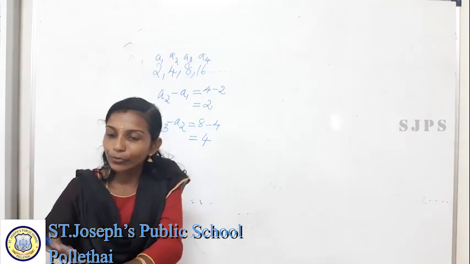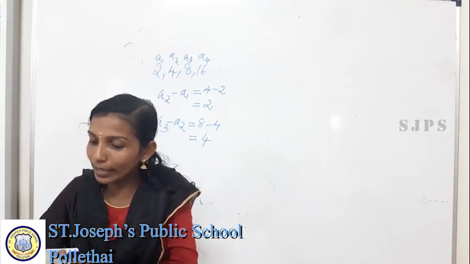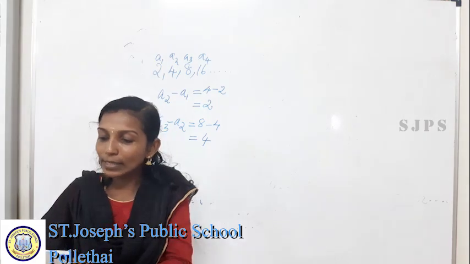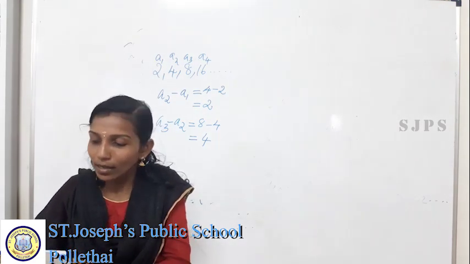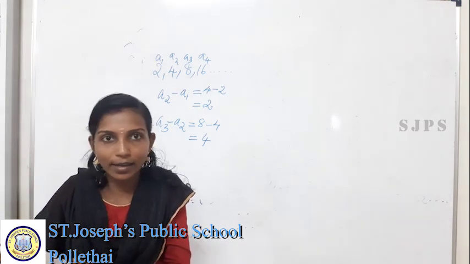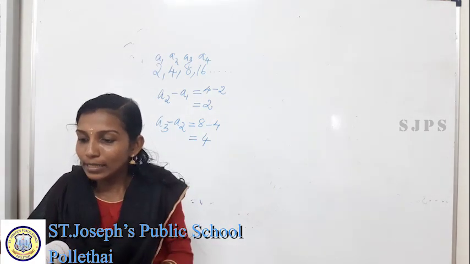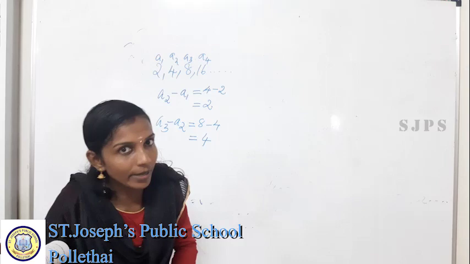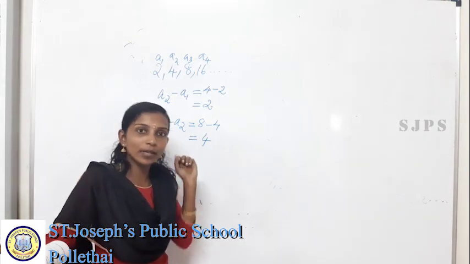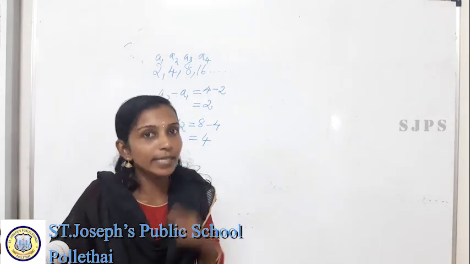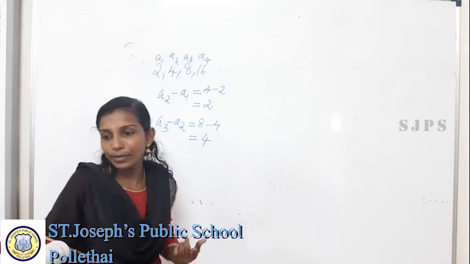Write the first 4 terms of the AP when the first term A and the common difference D are given as follows. Write the first 4 terms of an AP if the first term and its common difference are given.